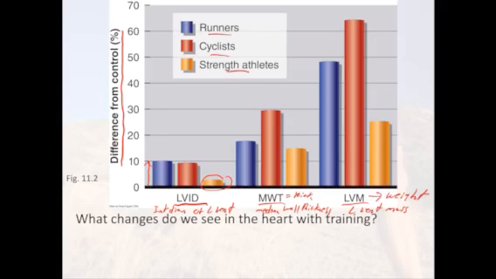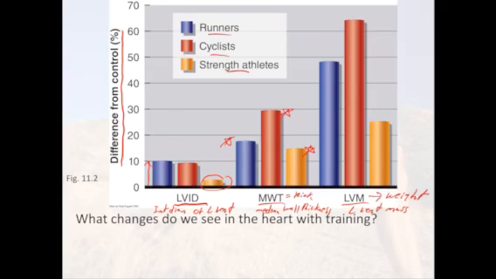Okay, median wall thickness, we see 15 to 20, even up to 30% greater thickness in all 3 of them. Okay, so definitely higher here in the runners and the strength athletes, but then the cyclists are even higher than that. The big reason for that, and this is showing that the heart hypertrophies, right?